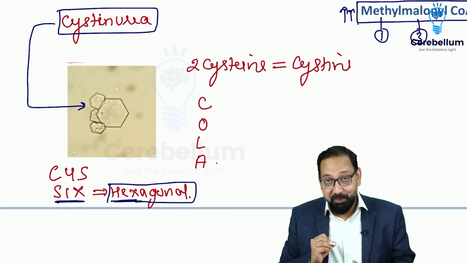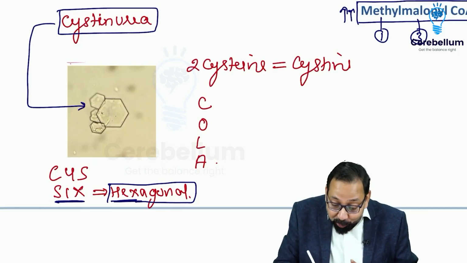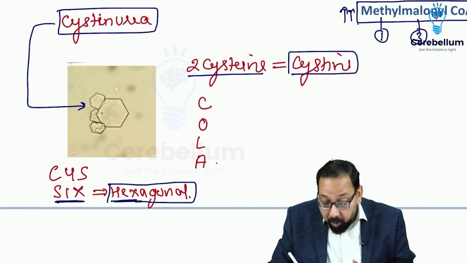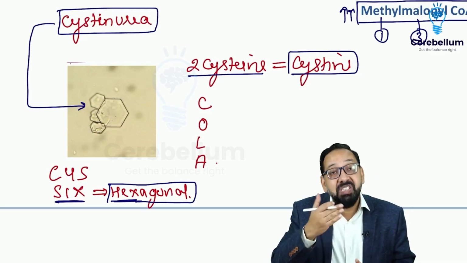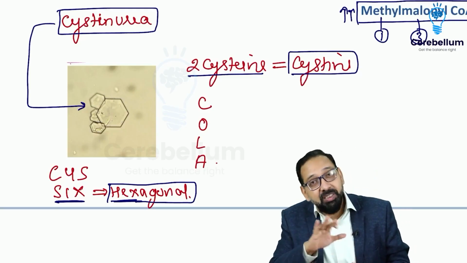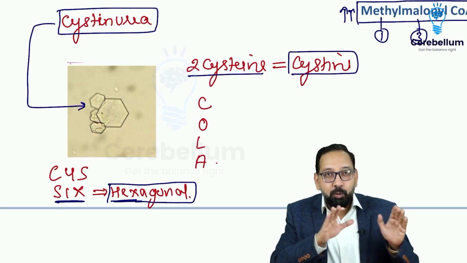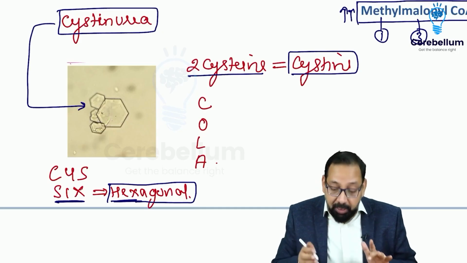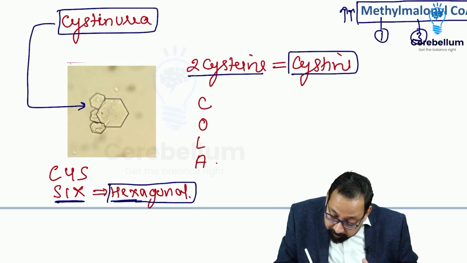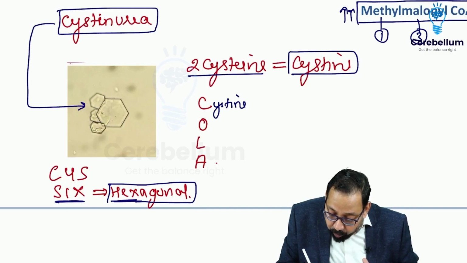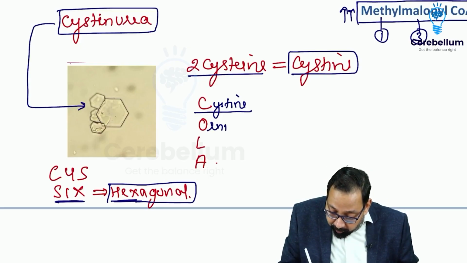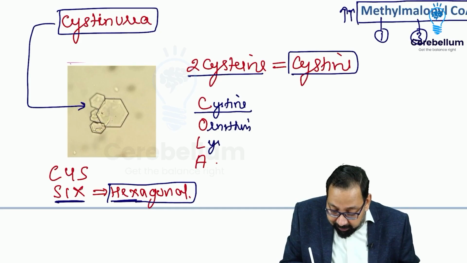First, the mnemonic. We found that two cysteine join to make cystine. In cystinuria, the pronunciation can be said in two ways. In cystinuria, there is cystine in urine, ornithine, lysine, arginine.